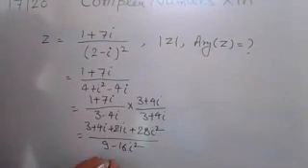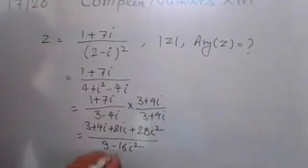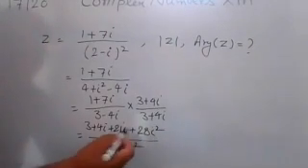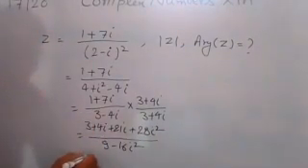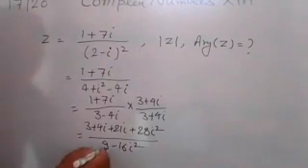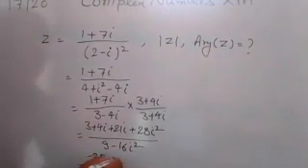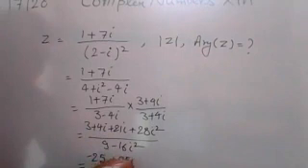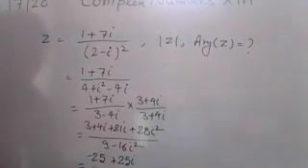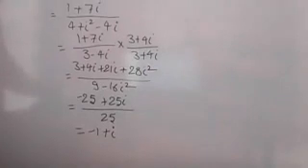Here i square is minus 1, so in the denominator you have 25. And here you have minus 28 plus 3, so minus 25, and you add it. So you have 25i. Now if you distribute it, you have minus 1 plus i. So its value is minus 1 plus i.